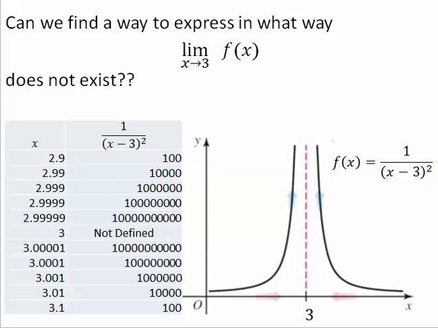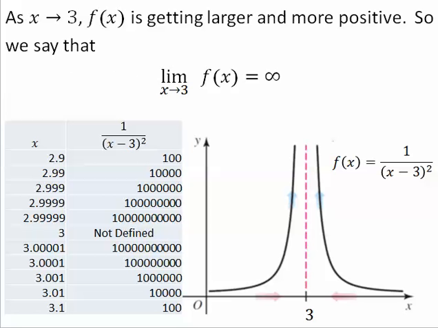Can we find a way to express in what way the limit does not exist? Well, notice that as x gets closer and closer to 3, f is getting larger and more positive. So we say that the limit of f as x approaches 3 is equal to infinity.